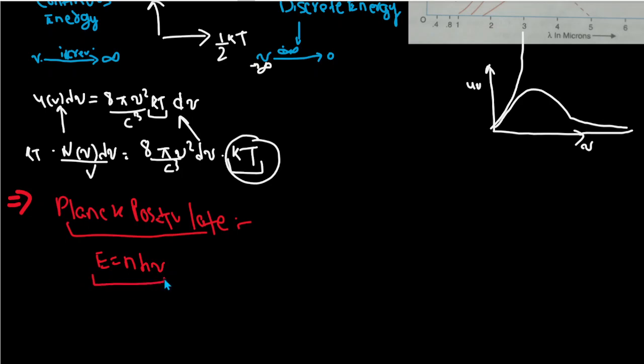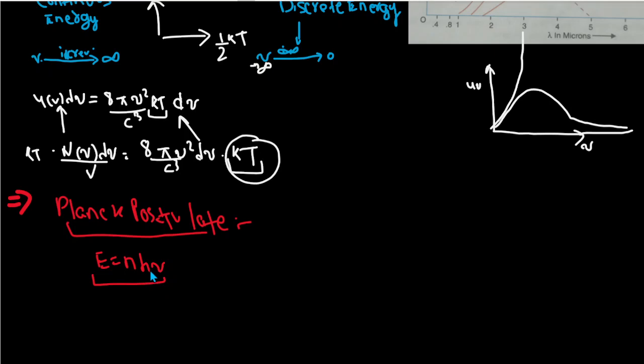It means the energy emitted by this oscillator. What I mean by oscillator here is the electrons. As electrons are moving and moving, we will treat the electrons as oscillators. So the energy of this particular oscillator comes only in a discrete fashion, not in a continuous fashion. We have to put this energy as n h mu.